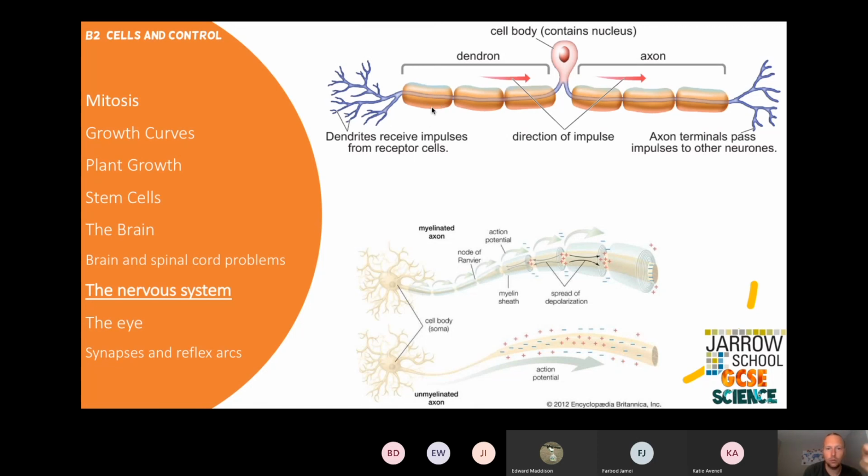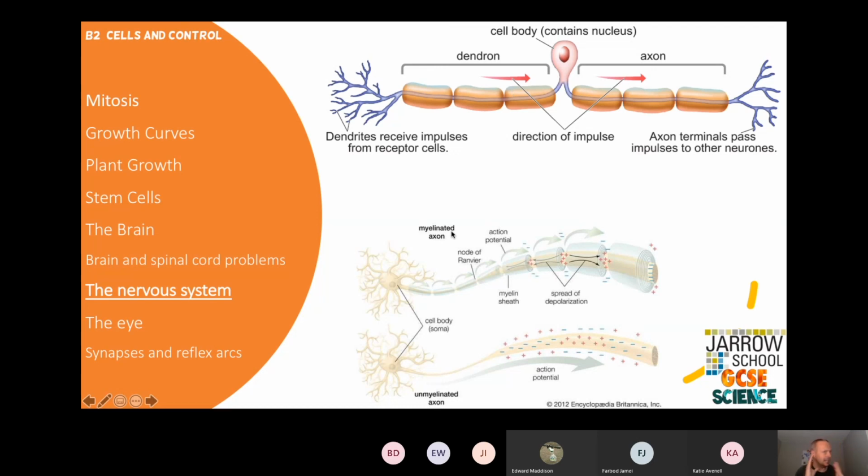If there's no myelin sheath, the nerve impulse would go all the way up the cell and it would take quite a long time. The myelin sheath's job is to speed up the nerve impulse. The nerve impulse gets to the myelin sheath and jumps to the next bit, and jumps to the next bit, and it actually saves time. So it speeds up nerve impulses a lot.